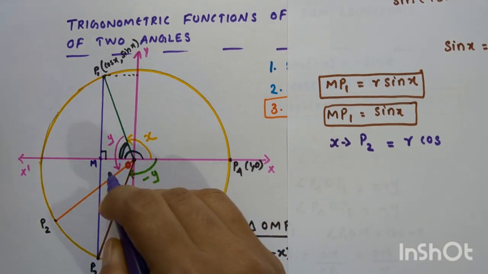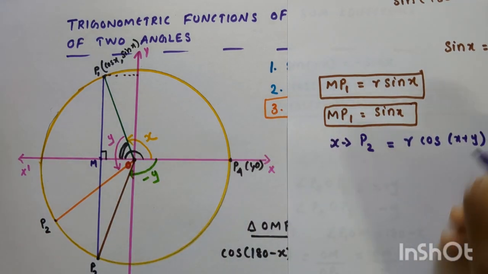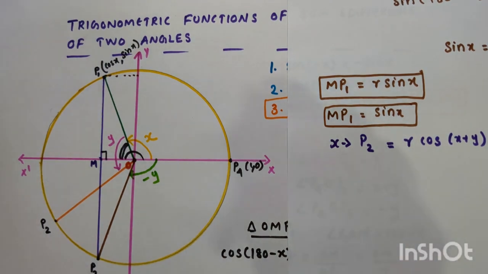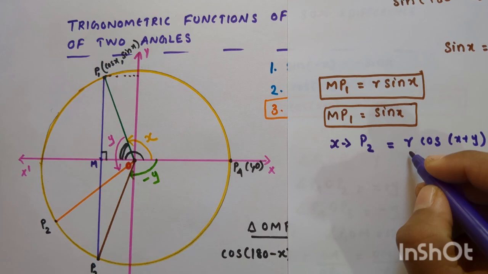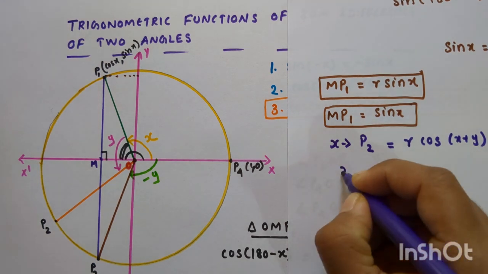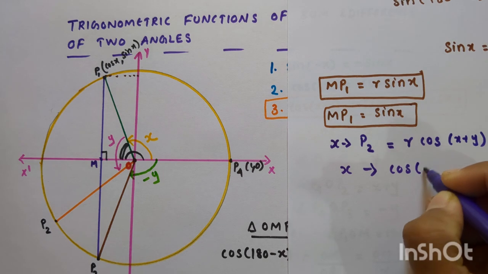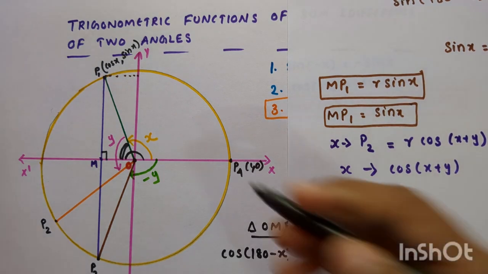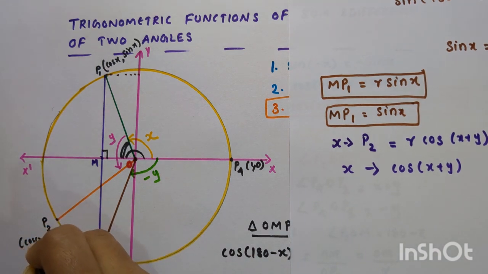This much angle is equal to x plus y, so cos of x plus y. The x coordinate of P2 will be R times cos of x plus y. R is the radius, which is equal to 1 here, so the x coordinate of this point P2 is 1 into cos of x plus y, which is cos of x plus y.